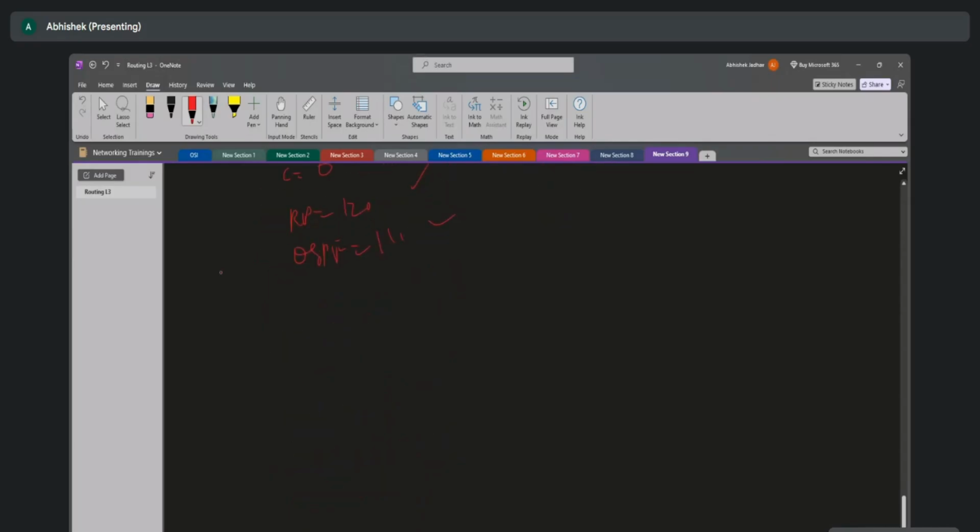Okay, now what are the types of dynamic routing protocols? We have just seen 4 routing protocols, the dynamic routing protocols. One among which is RIP, which has version 1 and version 2, right?